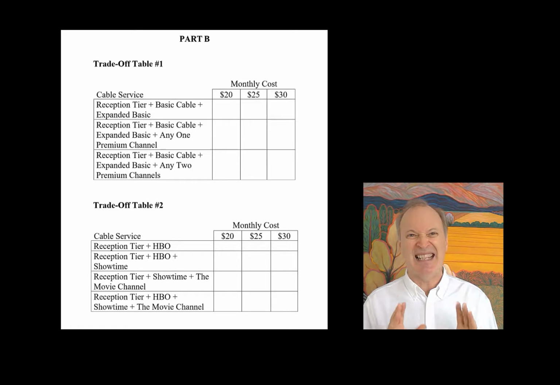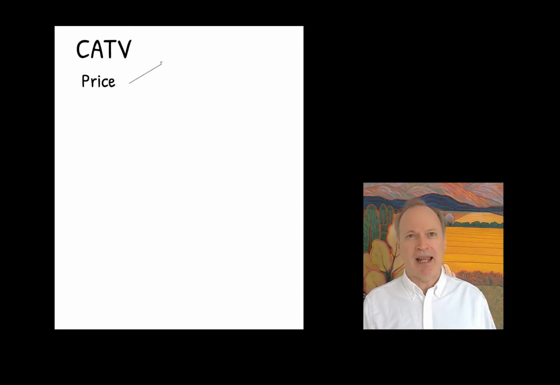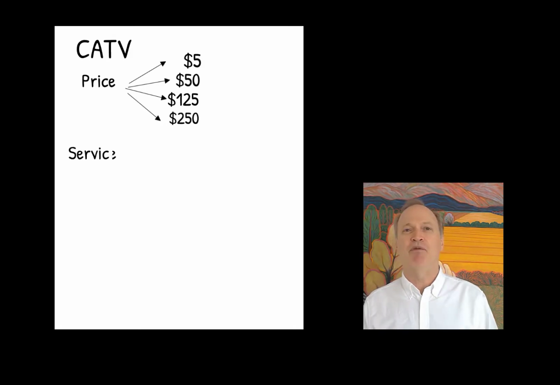Let's do a little example, a thought experiment. Suppose we're going to do cable television, CATV. What are the attributes? This study has been done by just about every cable television company you can imagine. One attribute, let's call it price. The lowest price in the level, we might say $5 for the basic, and then it goes up from there. What's the other attribute? Let's call that service. How many levels of service are we going to look at?